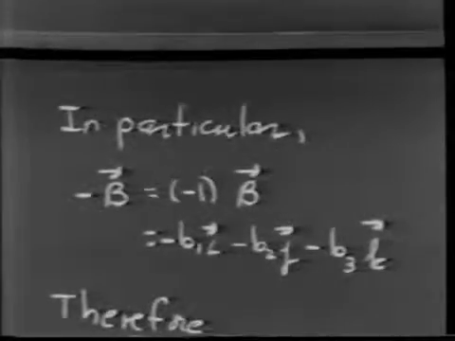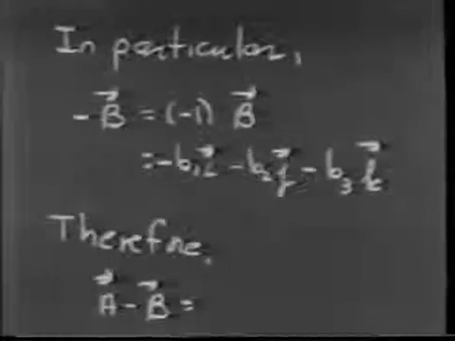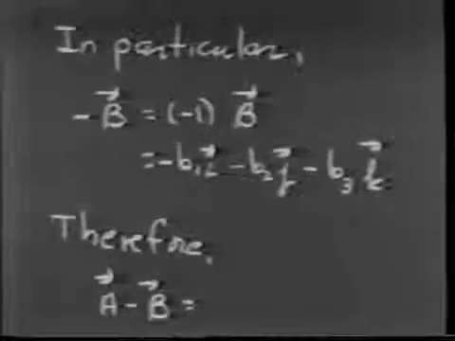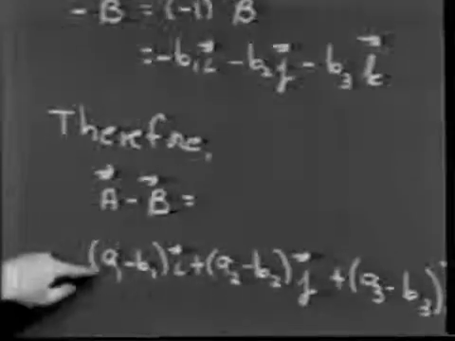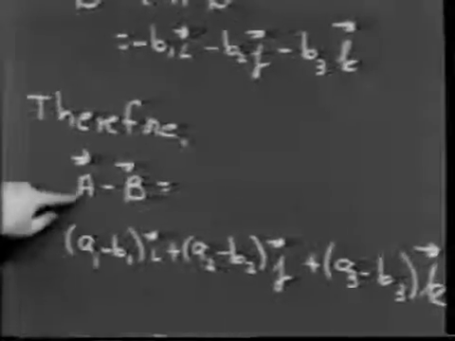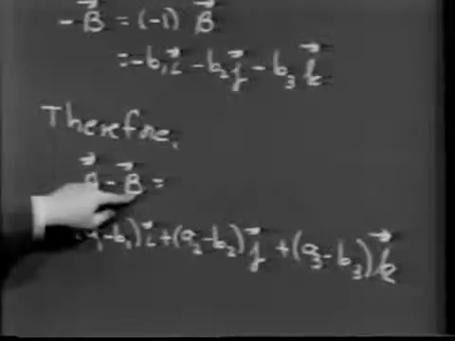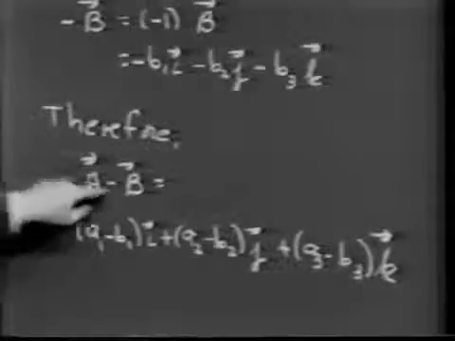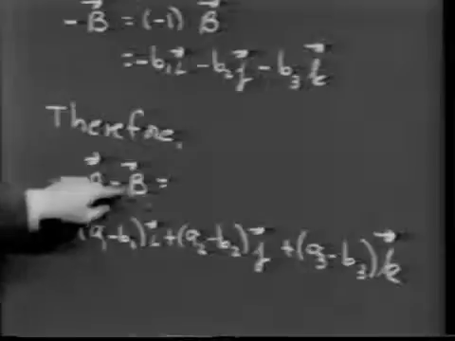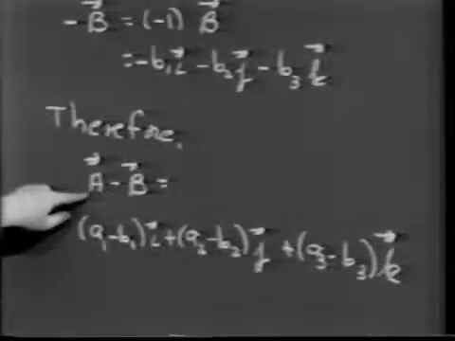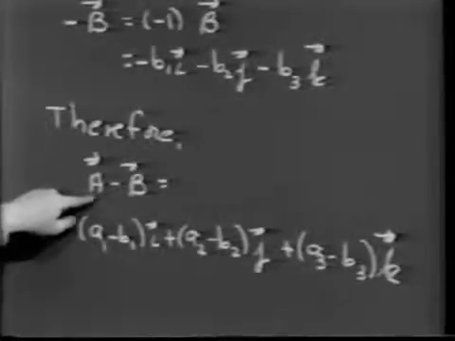And therefore, since a minus b still means a plus negative b, the vector a minus b is simply obtained how? You subtract the same way as we did in ordinary one-dimensional analytic geometry in terms of a number line. In other words, you subtract component by component, subtracting what?